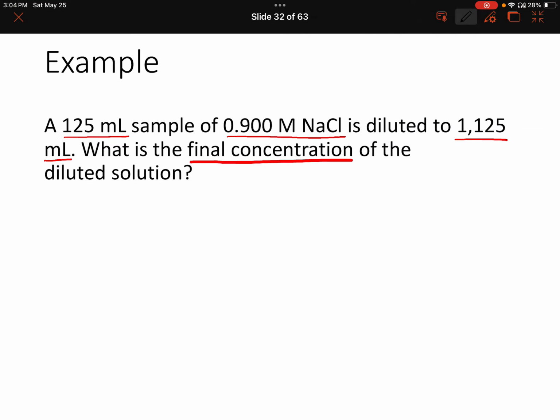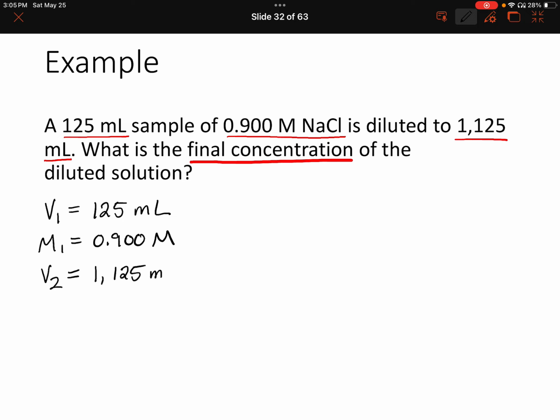All right, so let's just list out everything we have. We initially started with a volume of 125 milliliters. So we'll call that V1. And our initial concentration was 0.9 moles per liter. Then we diluted the solution to 1,125 milliliters. So that's our second volume, or our final volume.